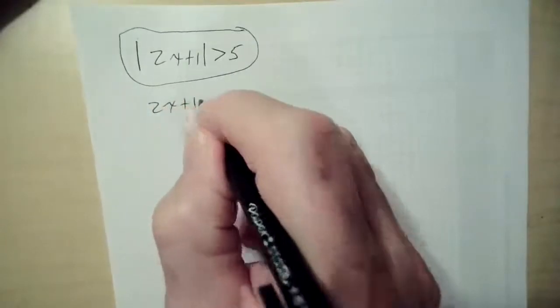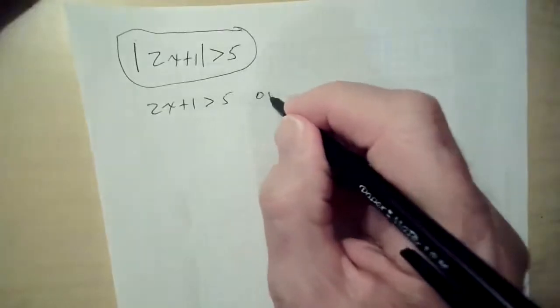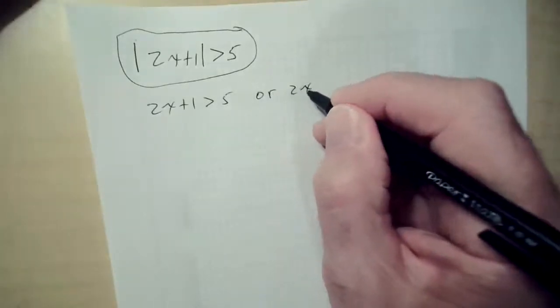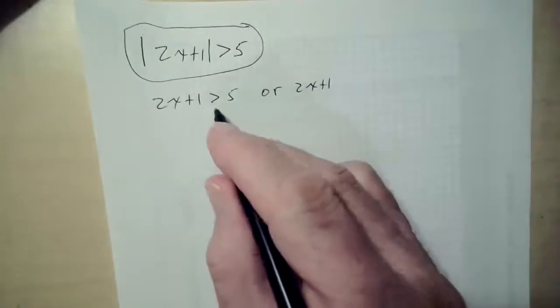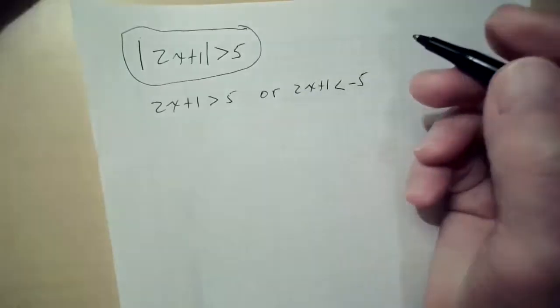So we have 2x plus 1 is greater than 5, or we have 2x plus 1 is less than -5.